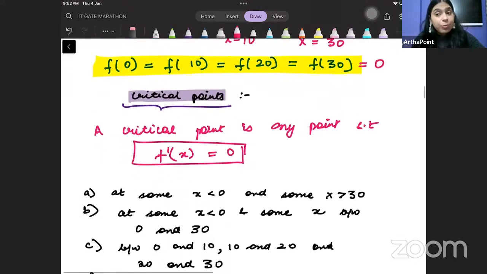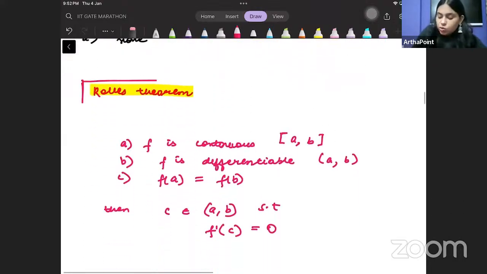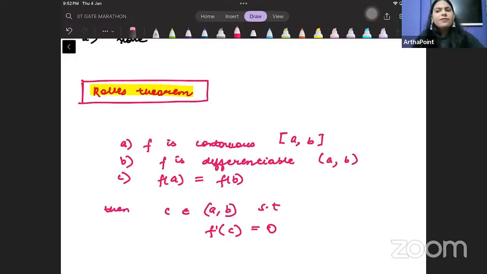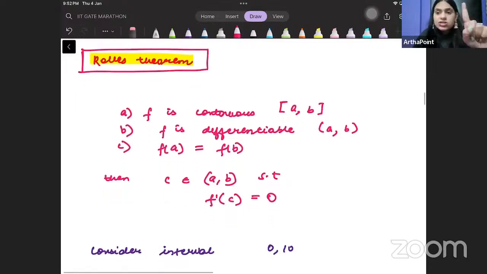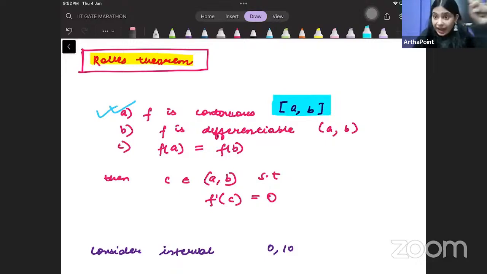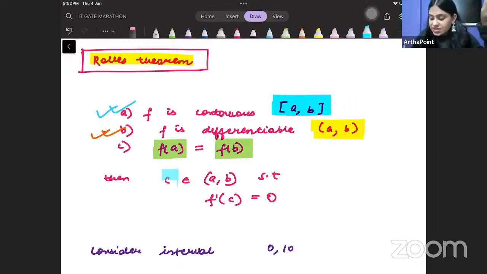Now this is a very big hint that I can use Rolle's theorem here. And what does Rolle's theorem suggest? Rolle's theorem suggests that if your function is continuous in the closed interval AB, and if your function is differentiable in the open interval AB, and if the values of f of A and f of B are equal to each other, then there exists a C between the interval AB such that f dash C is 0.